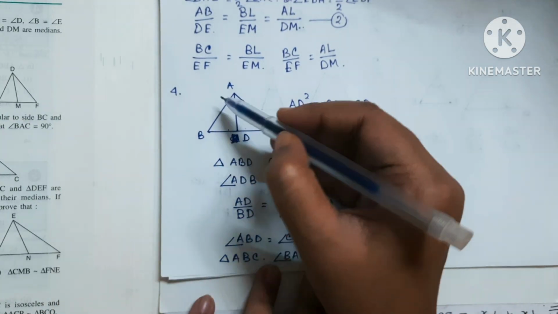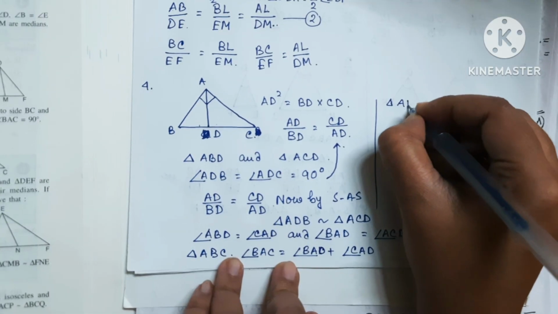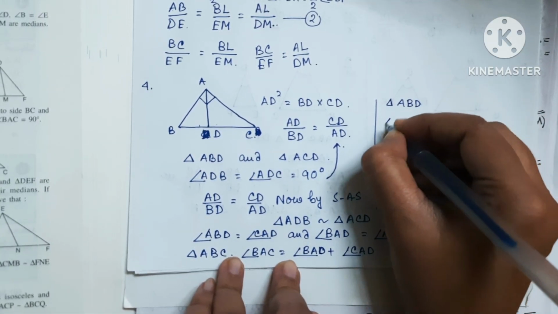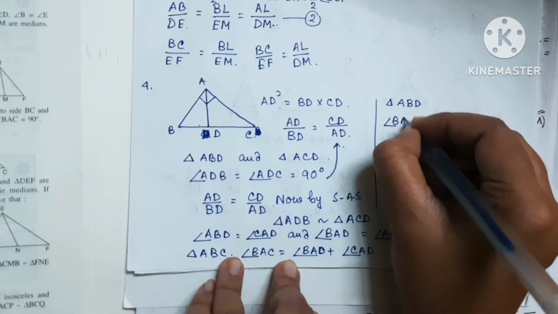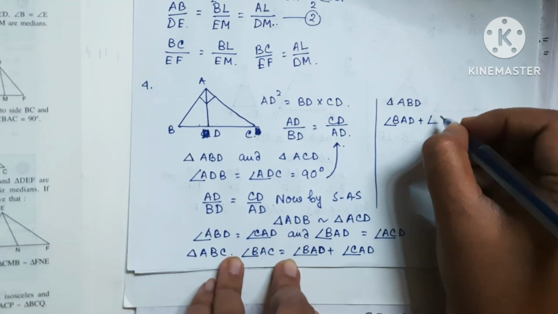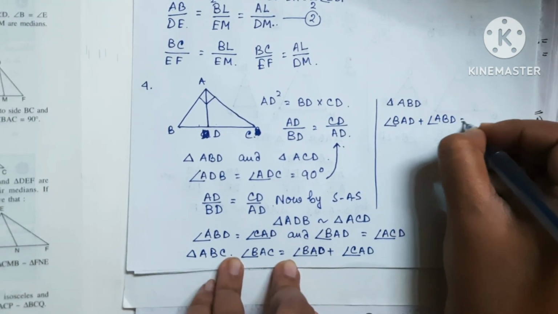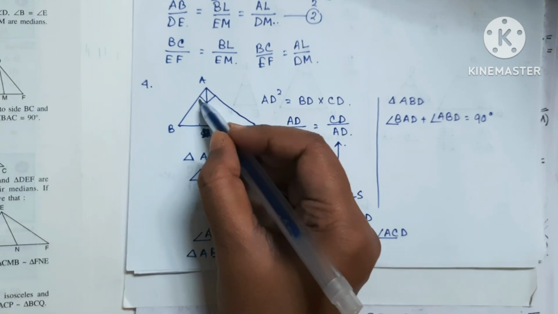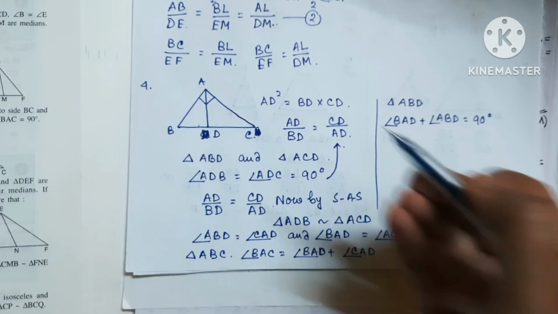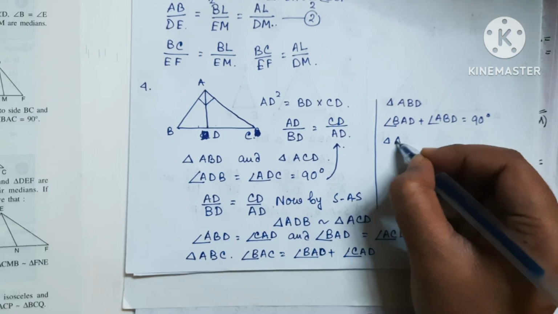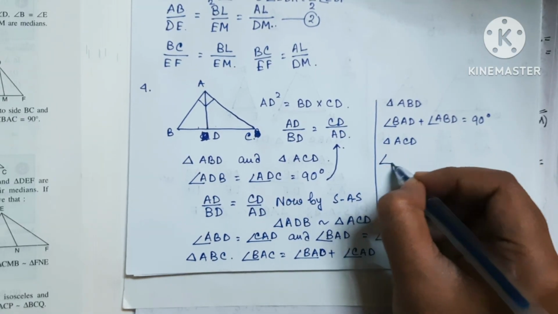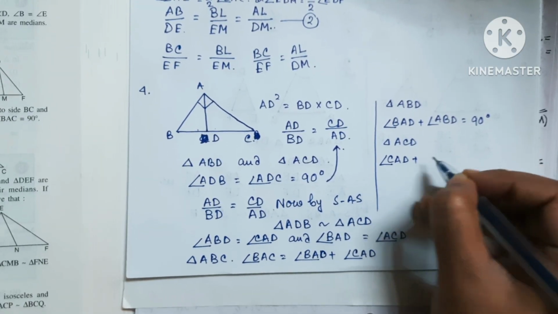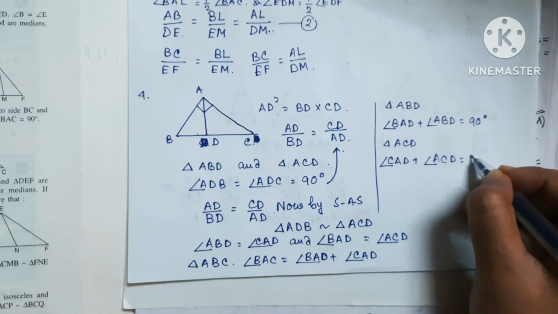Now see, in triangle ABD, angle BAD plus angle ABD is equal to 90 degrees, because this is 90 degrees, so the sum of this angle and that angle is 90 degrees. And from triangle ACD, you can say angle CAD plus angle ACD is equal to 90 degrees.